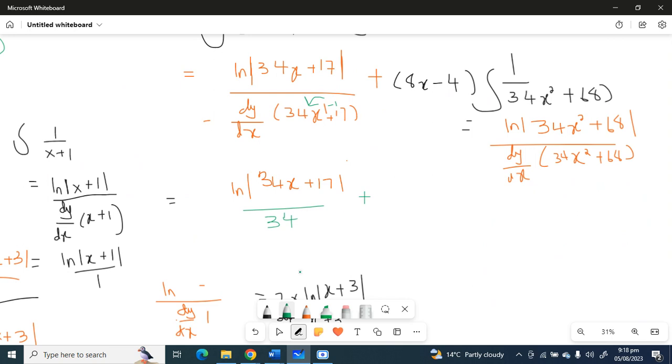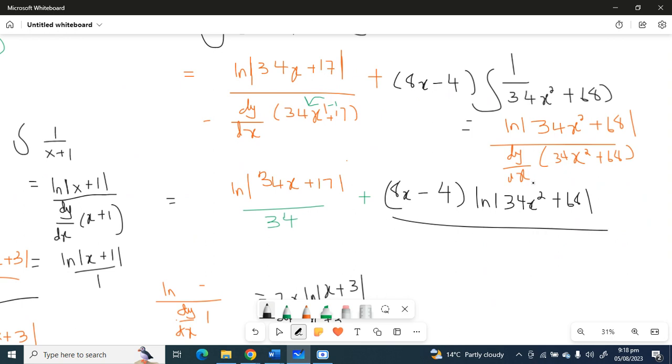You're going to say plus 8x minus 4 natural log of 34x squared plus 68. The derivative of 34x squared, so we said when you're deriving, this is called the power rule.